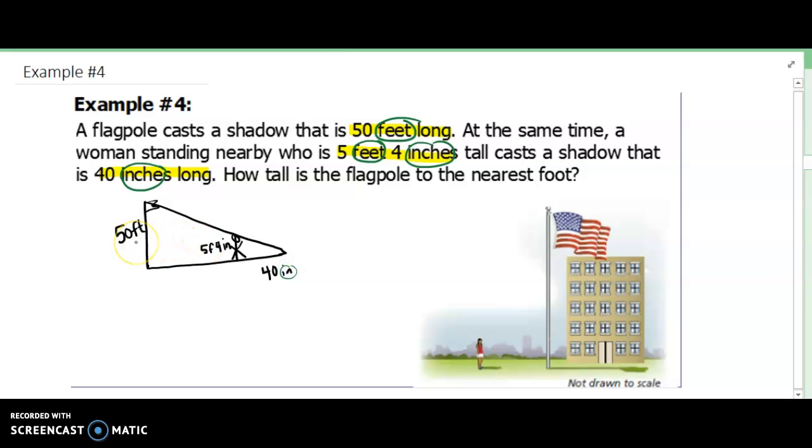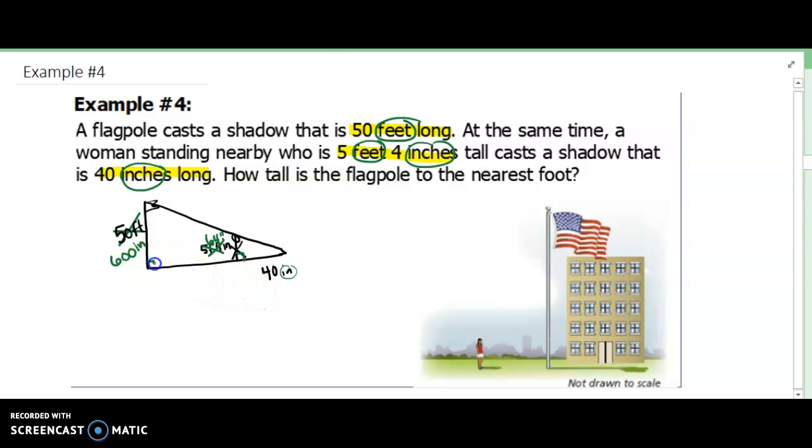Okay, so 50 feet, so 50 times 12 gives me 600 inches. And then 5 foot 4 inches, so 5 times 12 is 60 plus the 4, this is 64 inches.